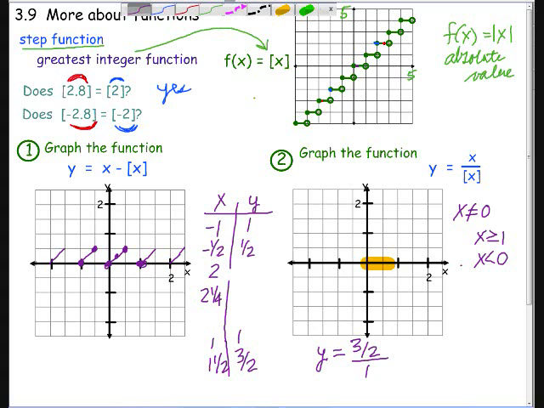All right. So we'll try 2. Y will then equal 2 divided by the greatest integer at 2, which is 2. So y would be 1 here. What about 2 and 1/4? Well, at 2 and 1/4, it's still 2.